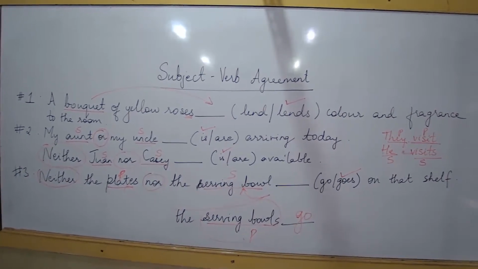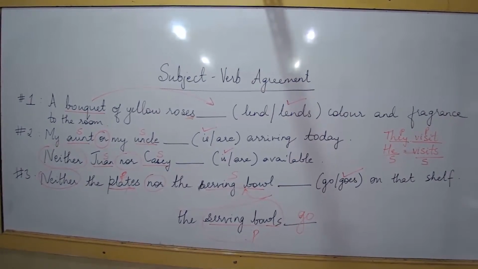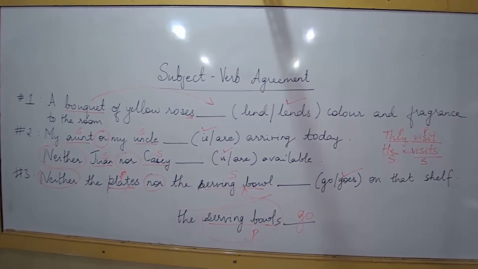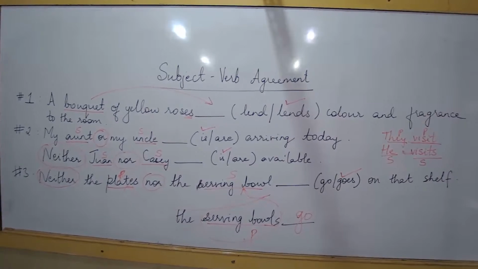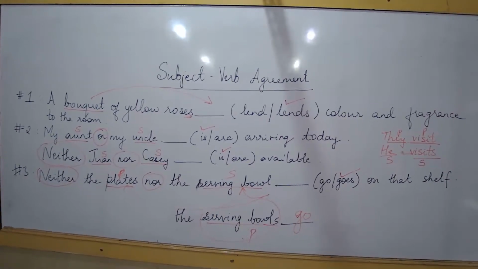Write your example sentence. So what should you do? Use a plural verb with two or more subjects when they are connected by and.